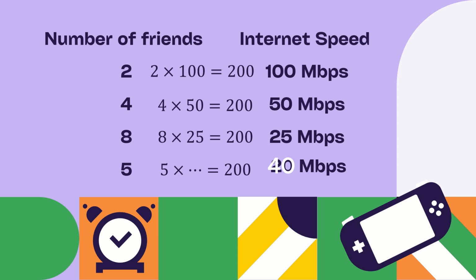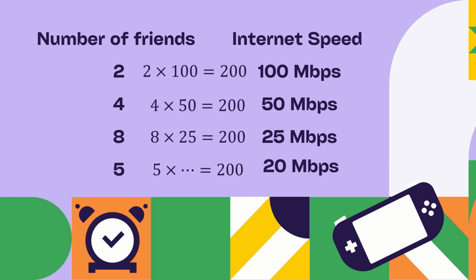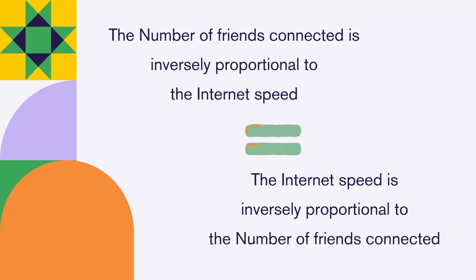When things are related in this way, where they multiply to give a constant number every time, we say they're inversely proportional to each other. So we could say the number of friends connected is inversely proportional to the internet speed.